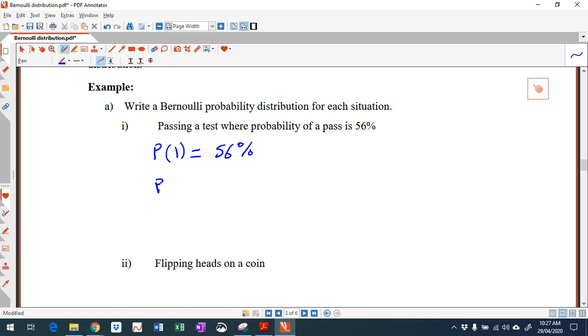And the probability of failure is 44%. Okay, you should also define where 1 is equal to pass or success. And over here, where 0 is equal to failure.